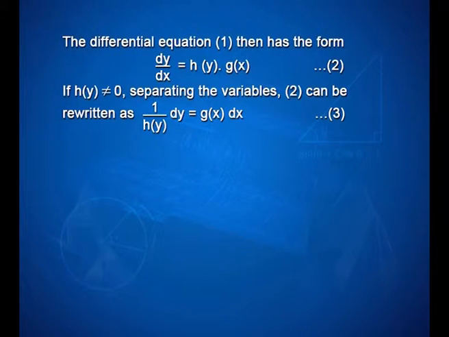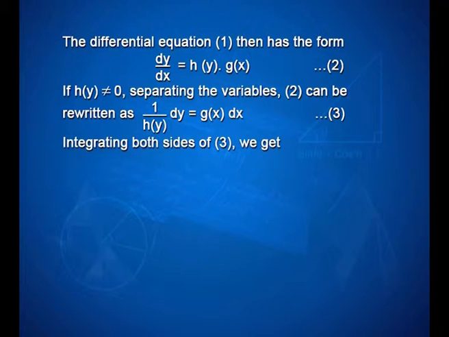If h of y is not equal to 0, separating the variables, equation 2 can be rewritten as 1 upon h of y into dy is equal to g of x dx. Take this as equation number 3. Integrating both sides of equation 3, we get integral 1 upon h of y into dy is equal to integral g of x dx.